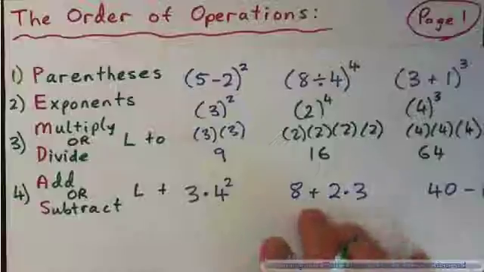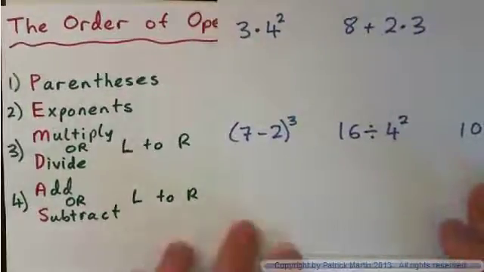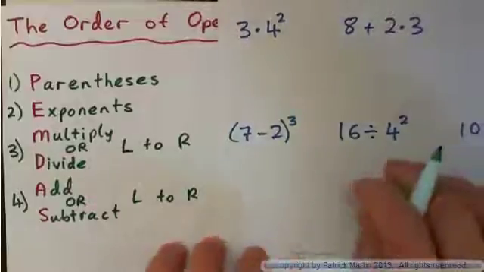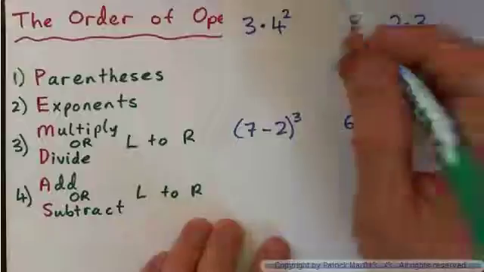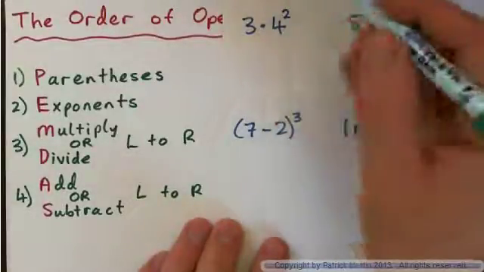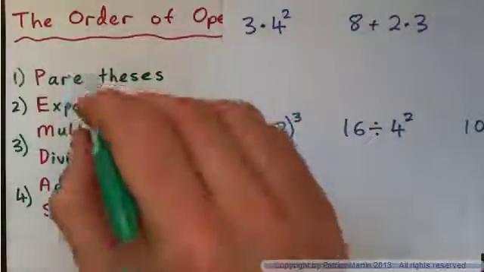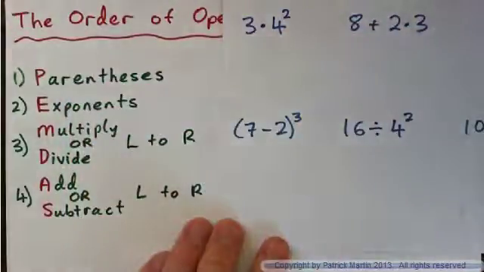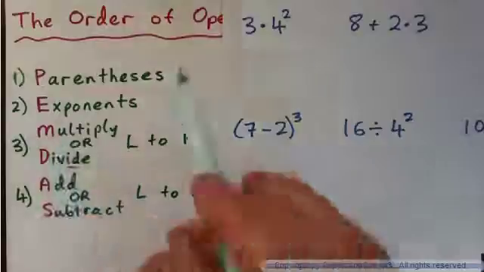Okay. So how about these guys? 3 times 4 squared. What would you do with that? Write this one down. So the question, we have two operations. We have an exponent and we have multiply. Which do we do first, the exponent or the multiply? Look at your order of operations. We do the exponent first, then multiply or divide, right?